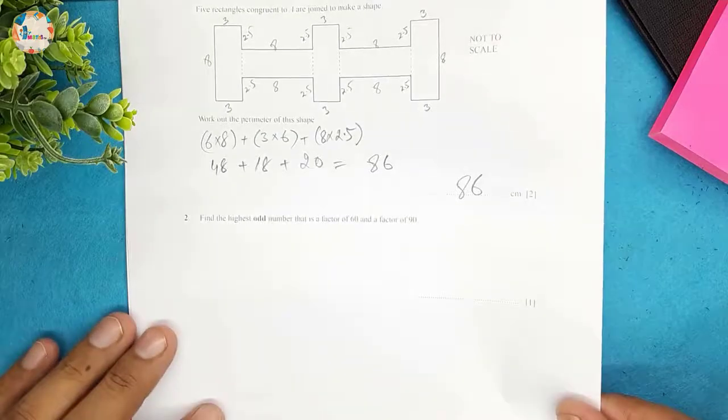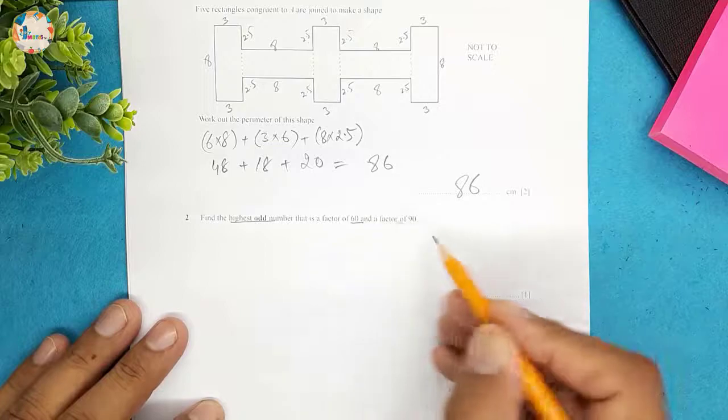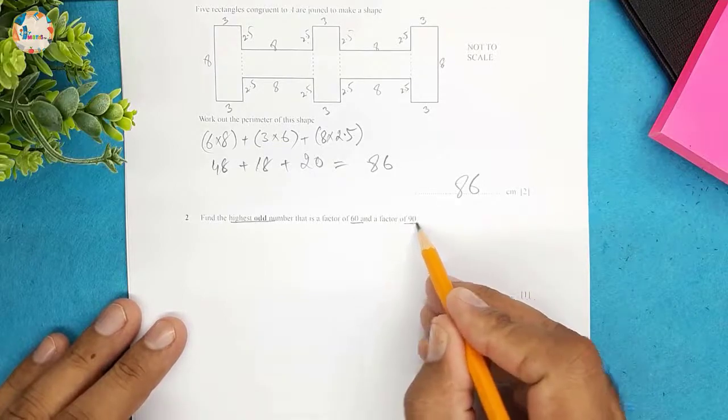Find the highest odd number that is a factor of 60 and a factor of 90.